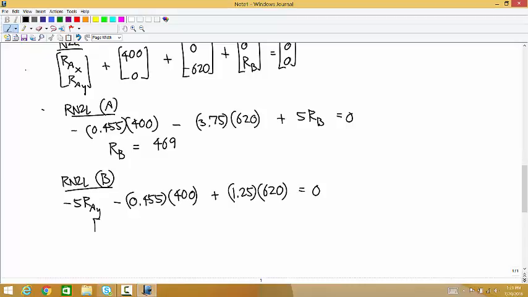And so what do you get here for RAY? 191.44. And that's positive? Okay. And so then if you plug that in here, those two have to add up to 620. So that gives you the same thing.